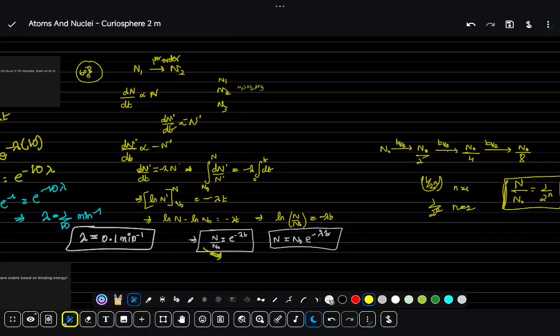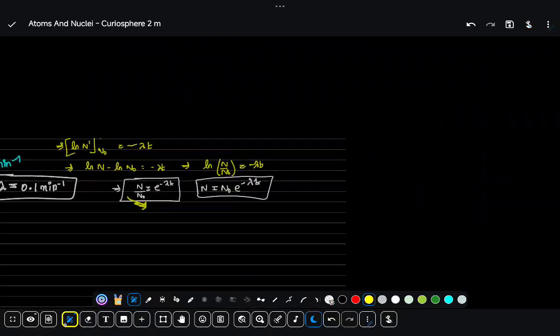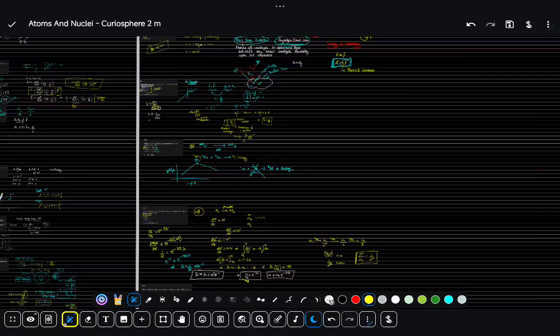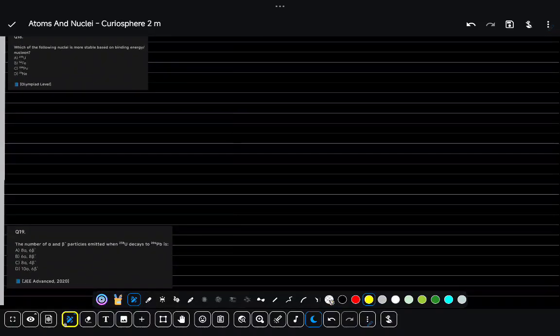I hope this concept of differential equations and being directly proportional to n, you got it properly. Right, now going to the 18th question. Which of the following nuclei is more stable based on the binding energy? I think you know the answer. It's an Olympiad level question, guys. Don't think it is so easy. Why are they giving such easy questions? No, it's not about that.